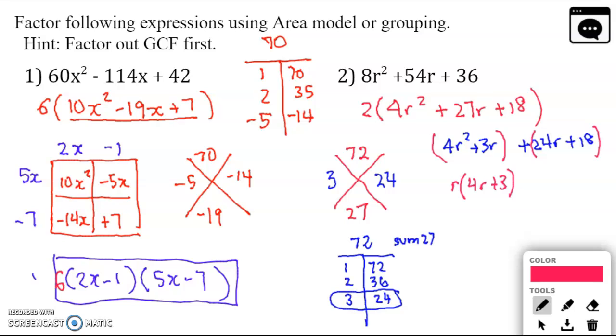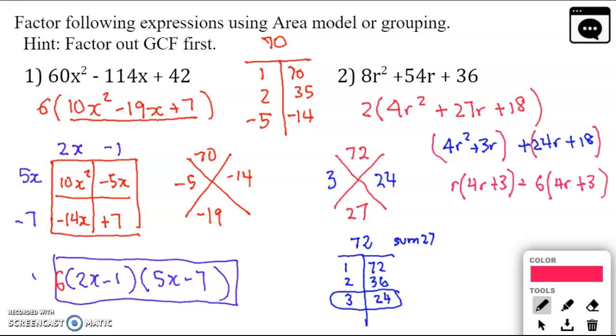So this is where your multiplication facts are going to come in really handy. If you know your multiplication really well, you should see that 24 is divisible by 6, and 18 is also divisible by 6. So that's going to be 6 times what is 24r? That's 4r. 6 times what is 18? That's 3.